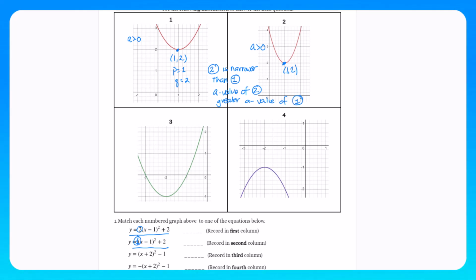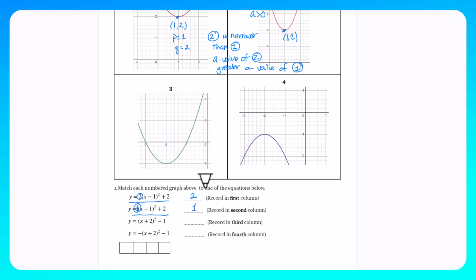So in other words, this first one here is 2, and this one is 1. Well, we got those sorted out pretty quick.